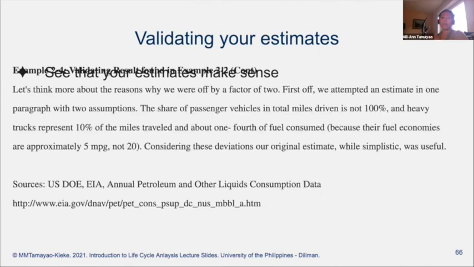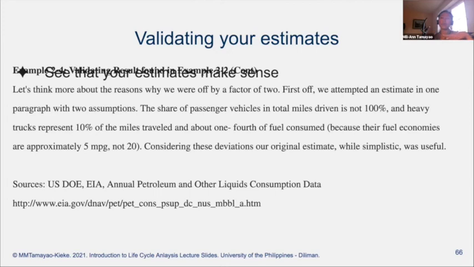Okay? And in this example, okay, one could be that we attempted an estimate in one paragraph with two assumptions. So the share of passenger vehicles in total miles driven is not 100%, and heavy trucks represent 10% of the miles traveled and about 1/4 of fuel consumed.